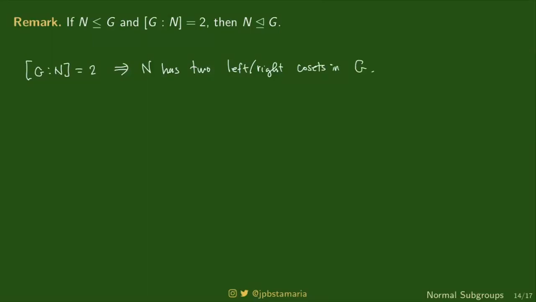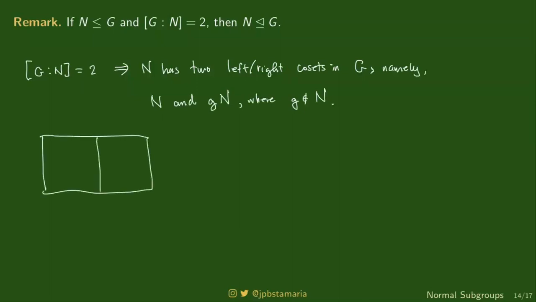Ano yung dalawang cosets na to? Namely N and gN, where si g ay kuha ka ng element g na wala sa N. Dalawa lang naman yung coset niya, di ba? Parang ito si G, kalahati niya si N, the other is gN. Kumuha ka lang ng kahit sinong g na wala sa N. Kasi kapag ginawa mo yung g sa N, automatic ang gN ay N lang, di ba? Okay.